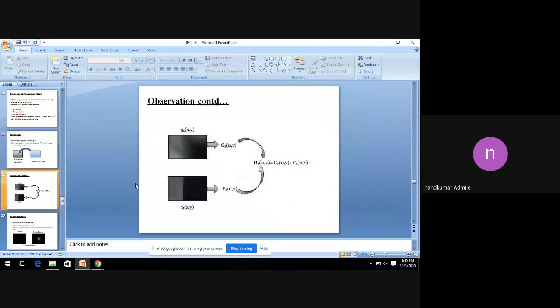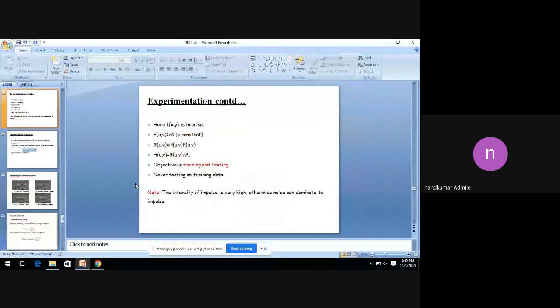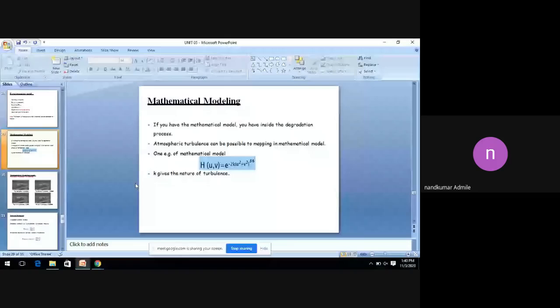In the second way, by doing an experiment, a simulation, we can also find out the degradation function H. For that, we consider one impulse image and take the impulse response. And in the third technique, we use mathematical modeling.